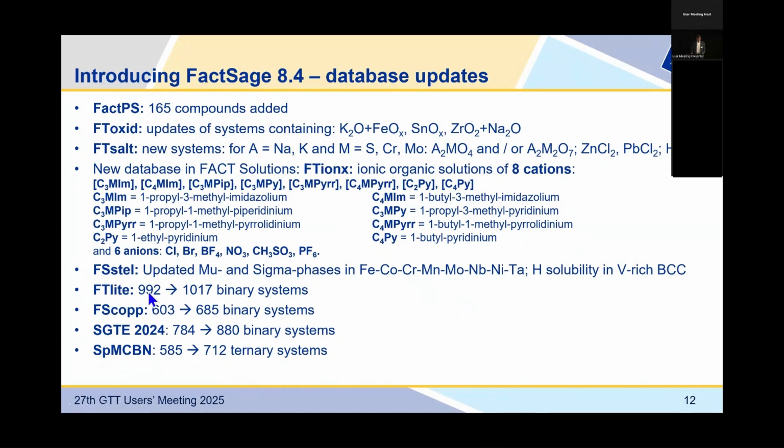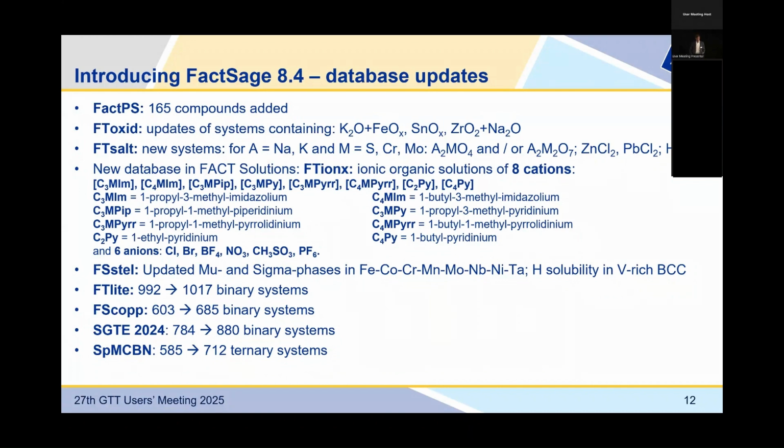The FTlite database, you can see here from the list of binary systems, is a rather small update. In other years, maybe 100 systems are added. But still, this is by far the largest database available in the world when it comes to light metal alloys, aluminum alloys, magnesium alloys, but also titanium and even alkali solutions.